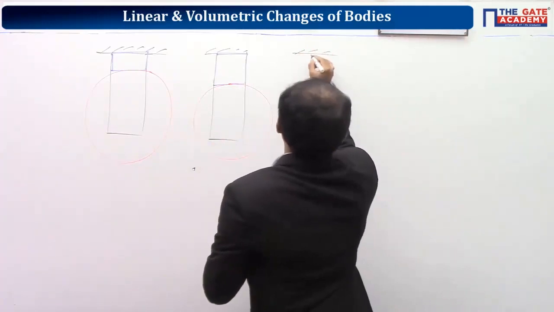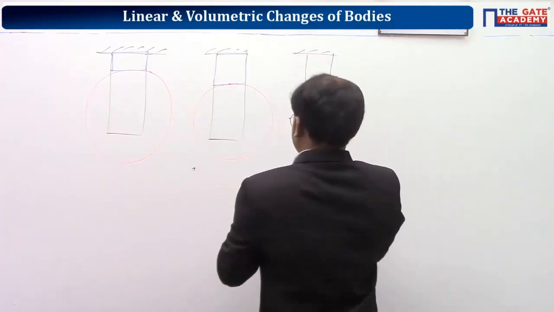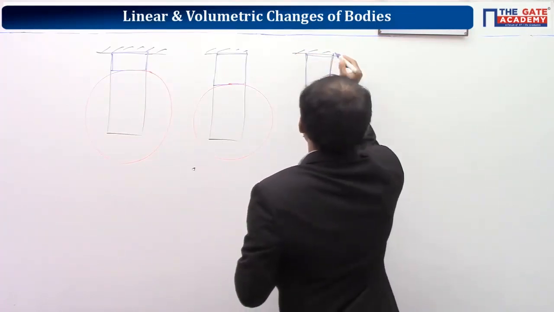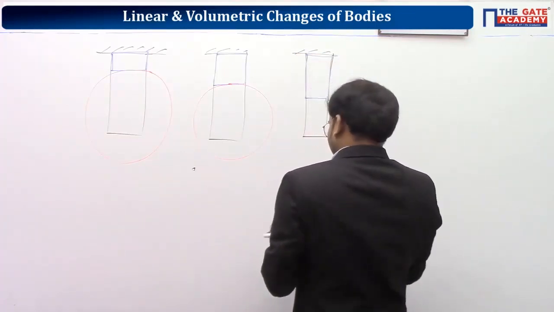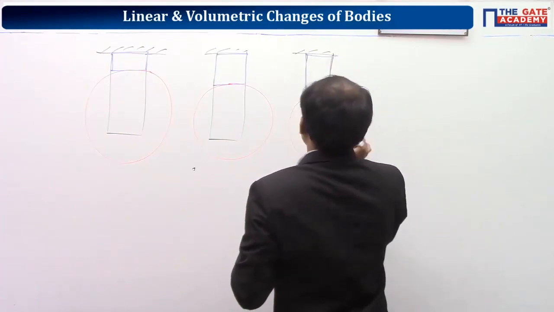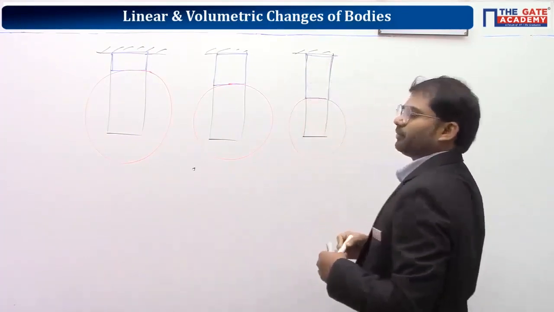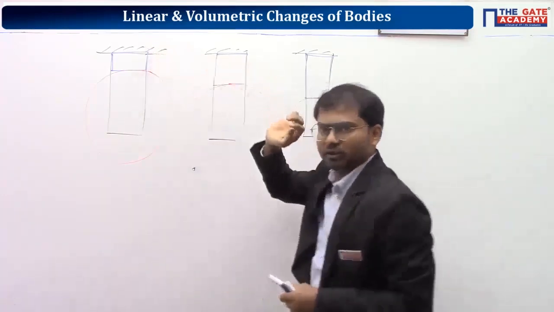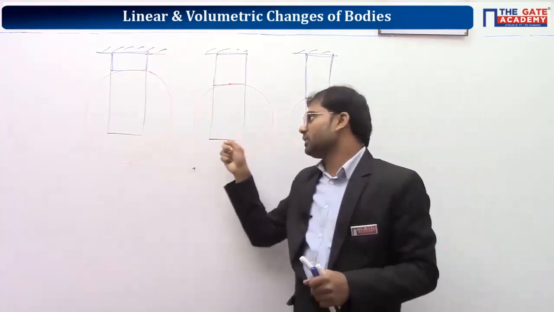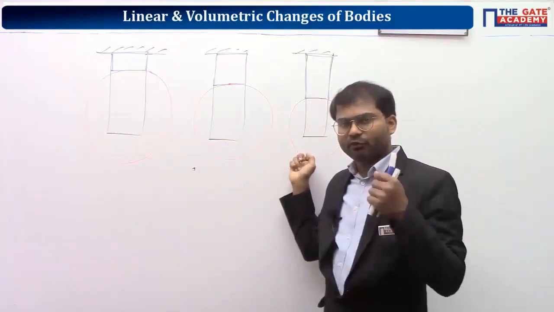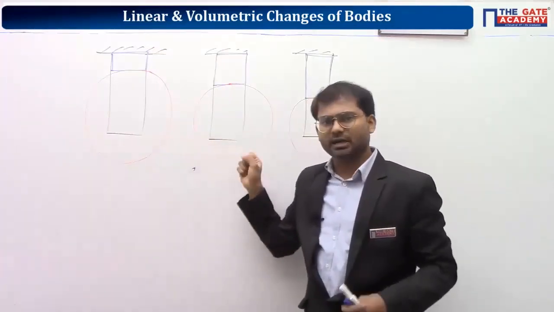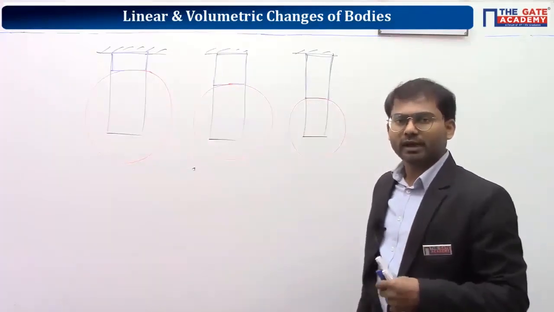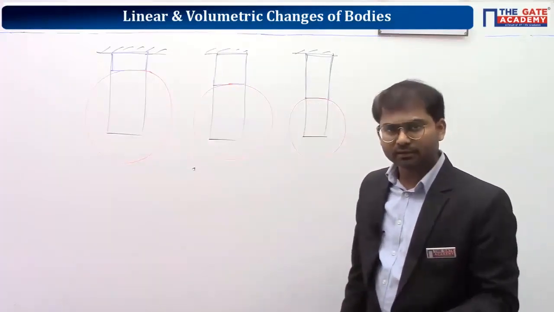Elongation will occur due to the weight of this one here. So we see that as we go down, the force which is causing elongation goes on decreasing. Along the length, the force responsible for causing elongation is varying.